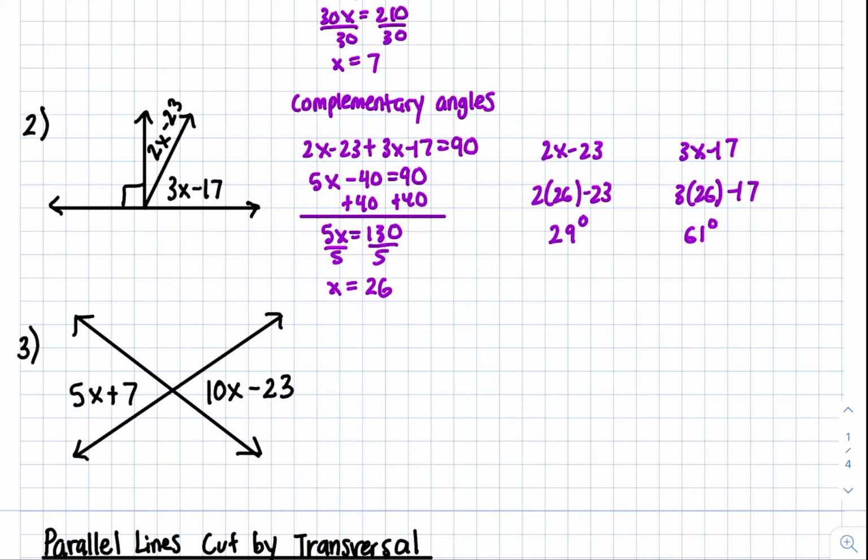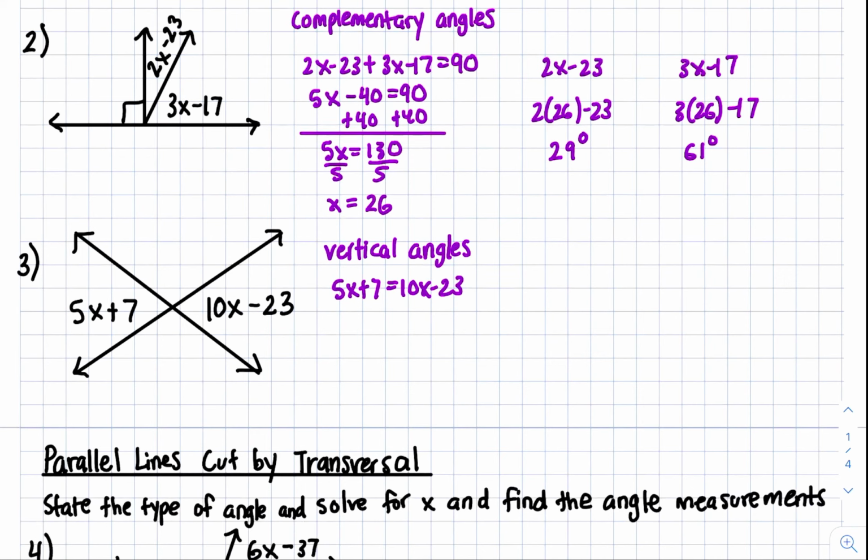Example 3. So we have two angles that are across from each other. These are called vertical angles. In your notebook, vertical angles are congruent, which means they have equal measurements. So 5x plus 7 is equal to 10x minus 23.